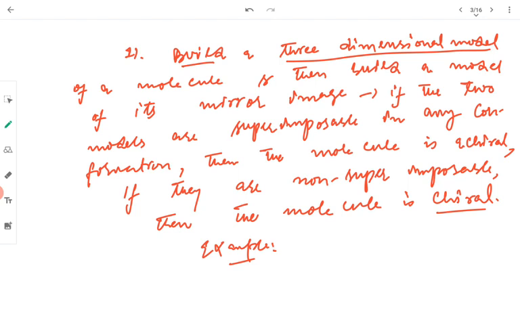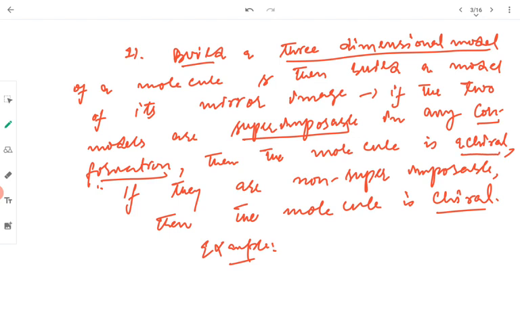And if the two models are superimposable on each other in any conformation, a molecule can have so many conformations, you have to remember that if the two models are superimposable in any conformation, then the molecule will be achiral.